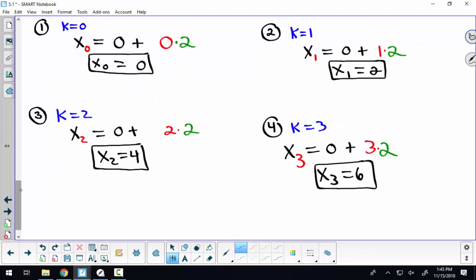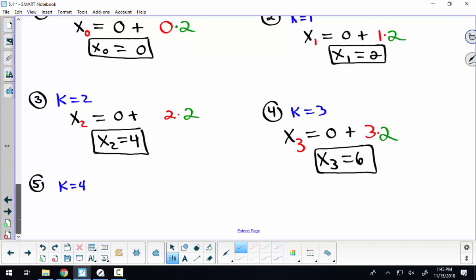So for all of these grid points, we're just taking a k value and multiplying it by 2, because that's our delta x. So when k equals 4, we've got x sub 4 is a plus k delta x.